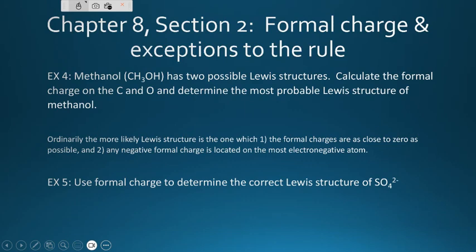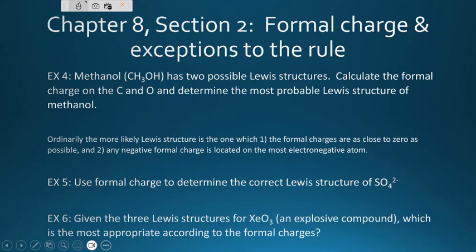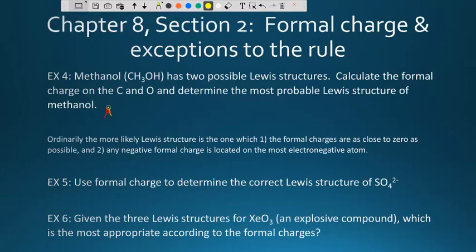Let's take a look at another example, the 3 structures for xenon and oxygen. I'm going to give those to you. Option A is xenon with 2 unshared electrons and oxygens here, here, and here.